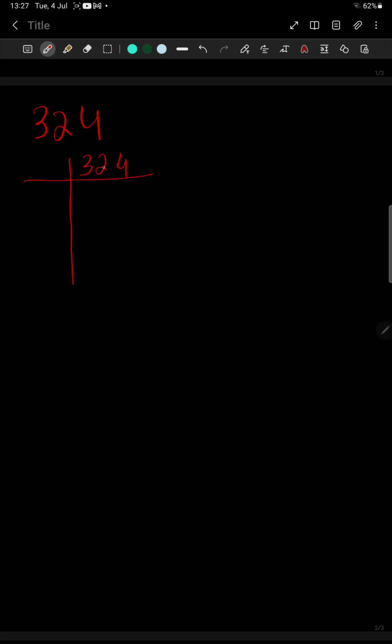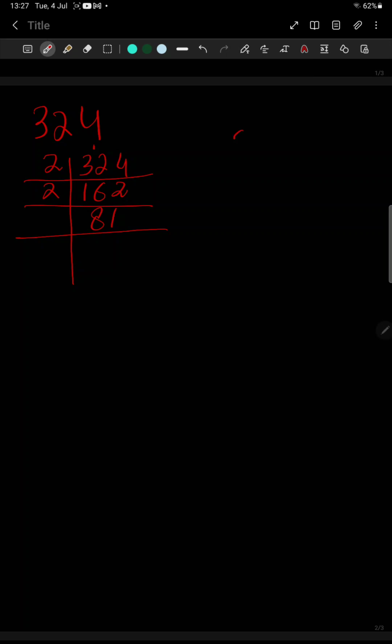First of all, as we know that this is an even number, and any even number is divisible by 2. So it will be 2 ones are 2, 1 is carried, 2 6s are 12, 2 2s are 4. Again, the number 162 is an even number, so it will be divisible by 2. 2 8s are 16, 2 1s are 2. 81 is not divisible by 2.